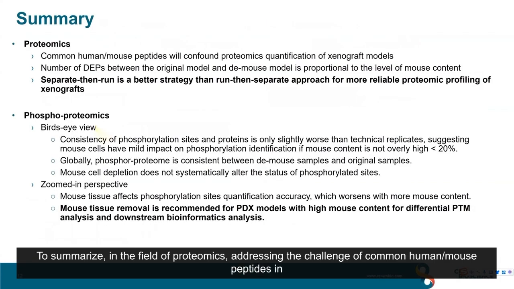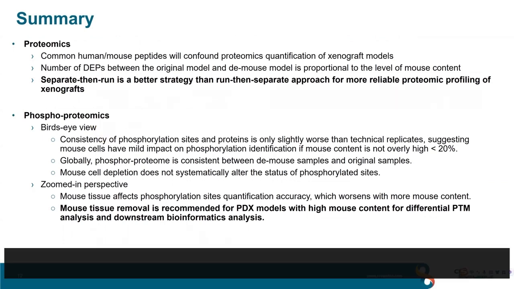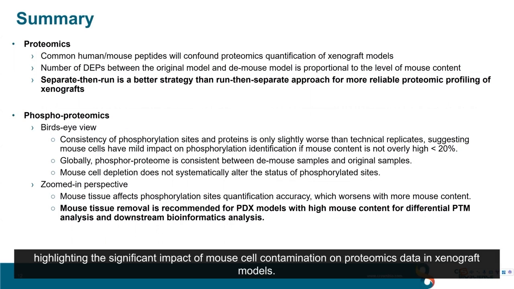To summarize, in the field of proteomics, addressing the challenge of common human-mouse peptides in xenograft models is crucial to avoid inaccurate quantification of proteomics data. Our comparative analysis between the original model and the demoused model established a clear correlation between the number of identified depths and the level of mouse cell content, highlighting the significant impact of mouse cell contamination on proteomics data in xenograft models.